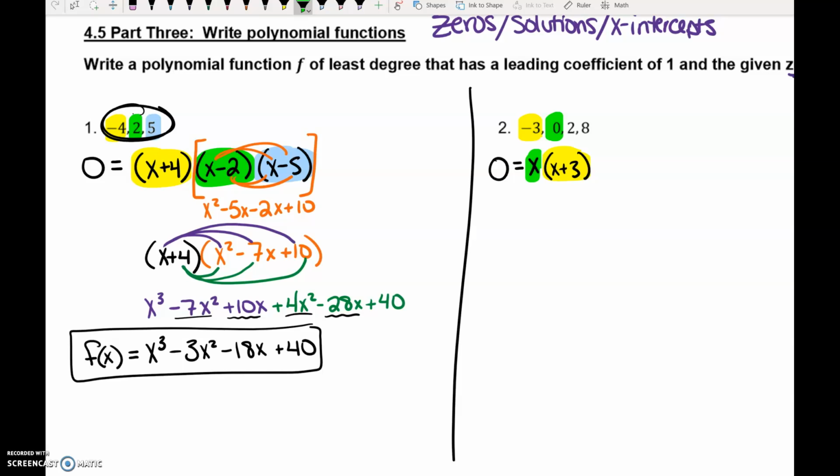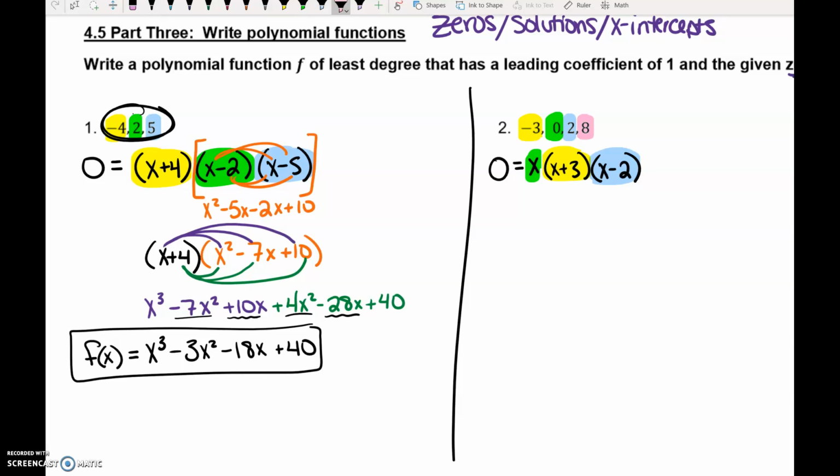This is where the polynomial function of least degree comes into play. You want to make sure that's a plain x, not x squared, not x cubed, not x to the 5th, and not 2x, 5x. You want just plain ordinary x. All right, a solution of 2, that came from x minus 2.